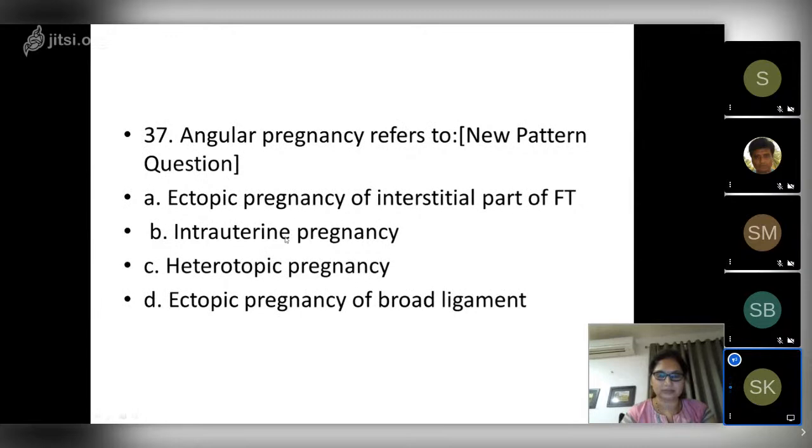Whenever there is an ectopic pregnancy, it will be developing in the interstitial part of the fallopian tube, not within the uterine cavity per se. So even if there is an angular pregnancy, it is still in the intrauterine area only. So that's why the answer for this question is intrauterine pregnancy. Angular pregnancy refers to intrauterine pregnancy, not any other type of ectopic pregnancies.